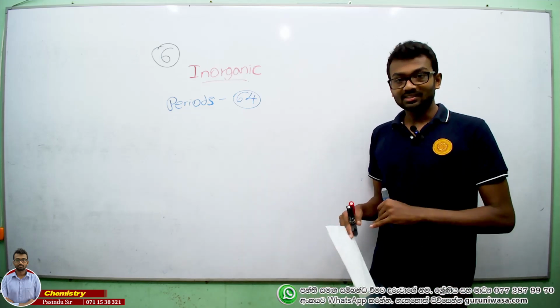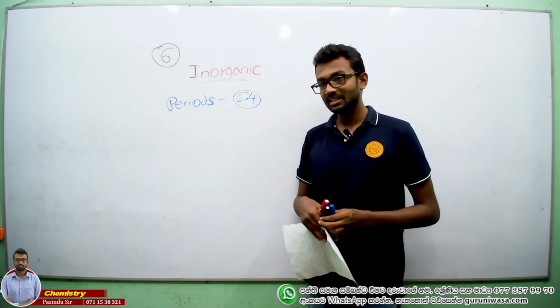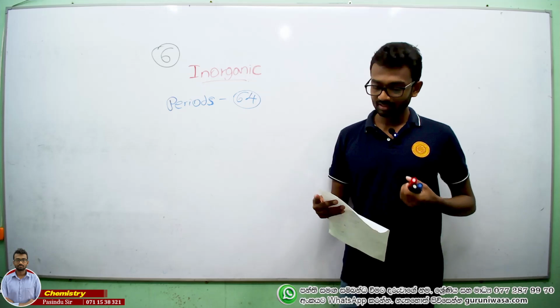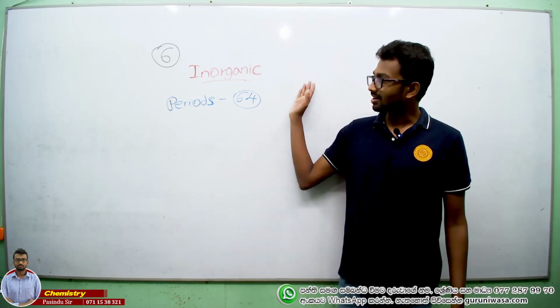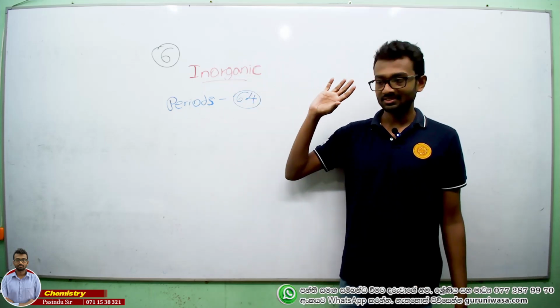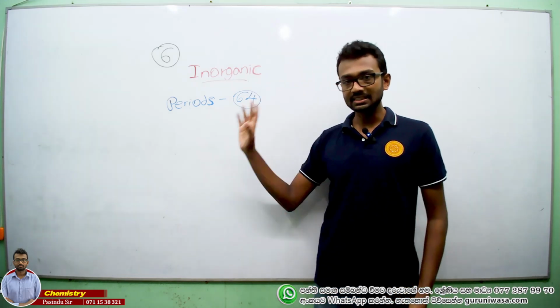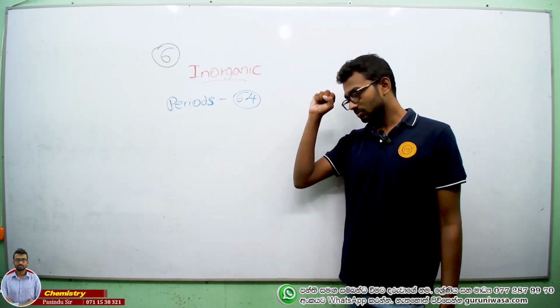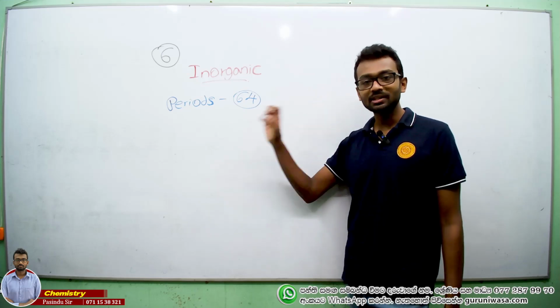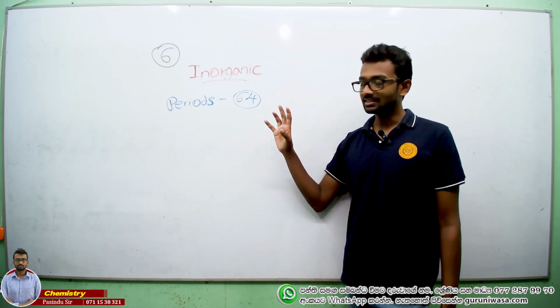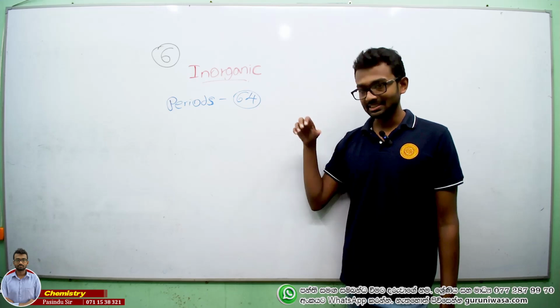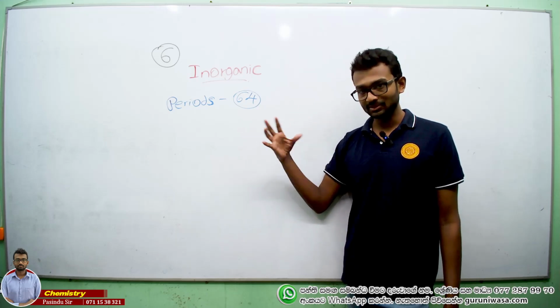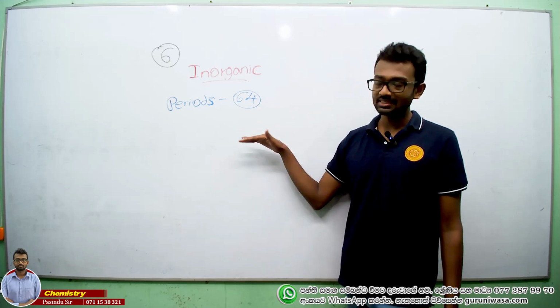Then how about the marks, the most important part? You can actually achieve a lot of marks in this unit. So it's very important. If you learn this properly, you can achieve almost all the marks. The reason I'll explain when we do the papers, but I'll say it basically.